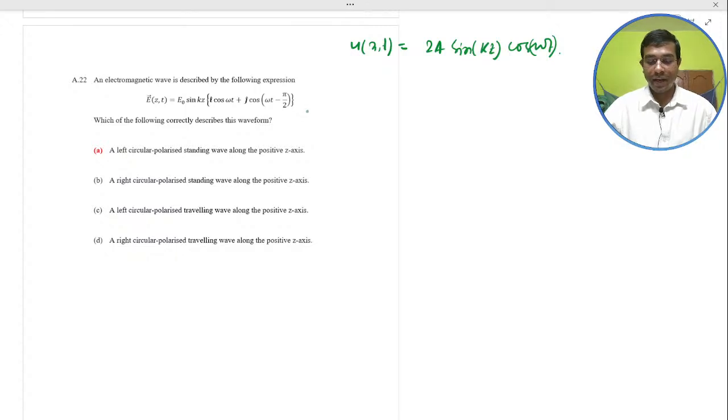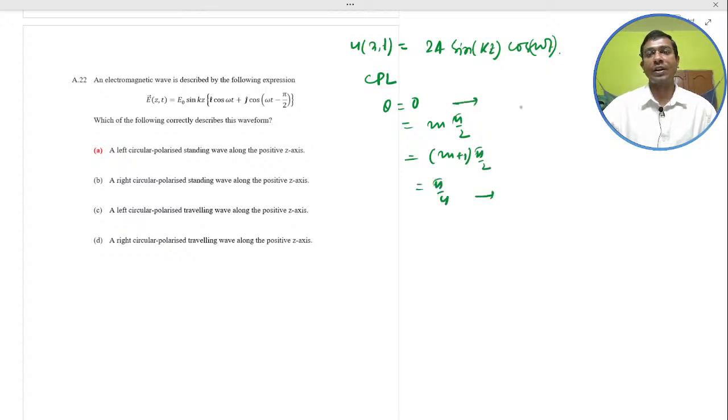Also, it is a mirror of the right circularly polarized light, that is, left circularly polarized for the standing wave. Because the phase is 0, phase is twice n pi by 2, twice of n plus 1 pi by 2, and the pi by 4.